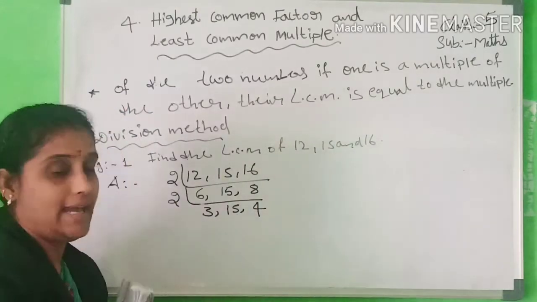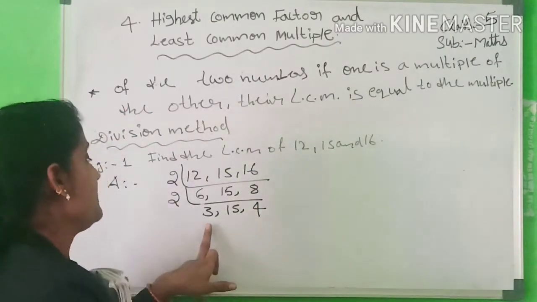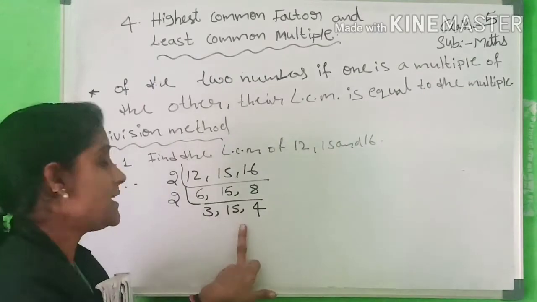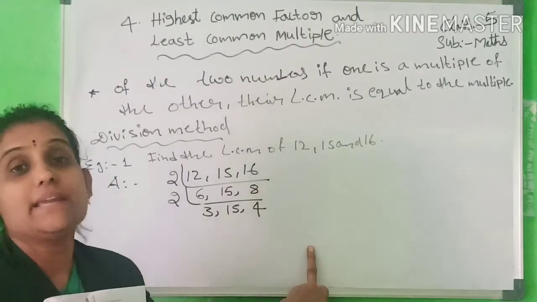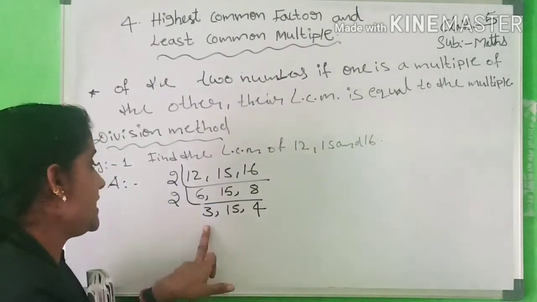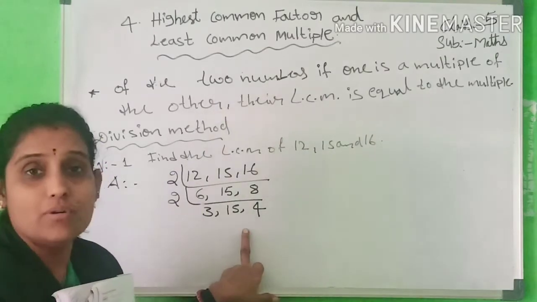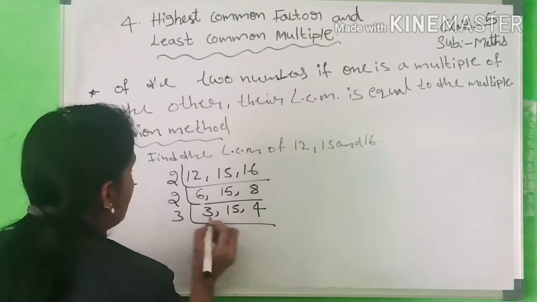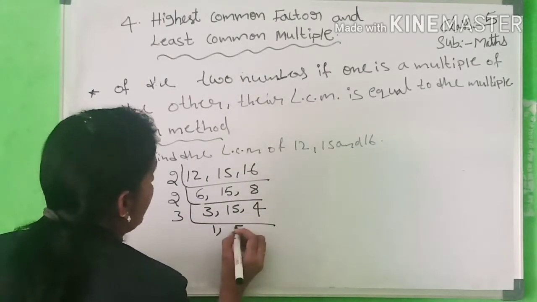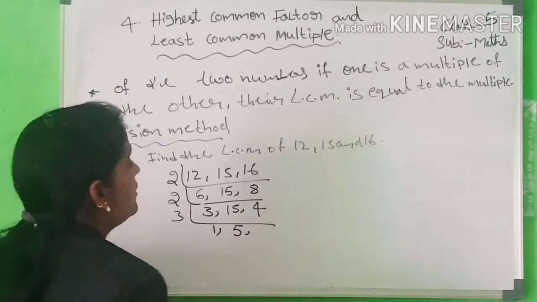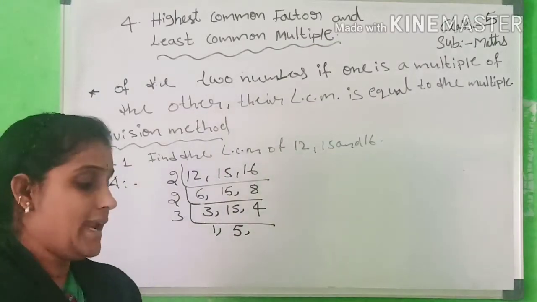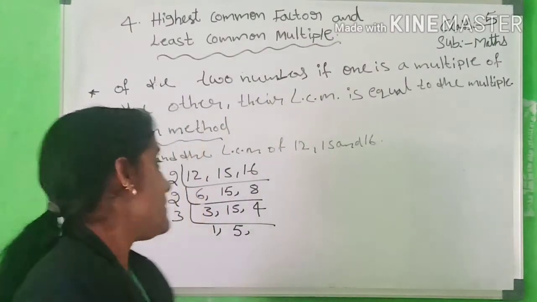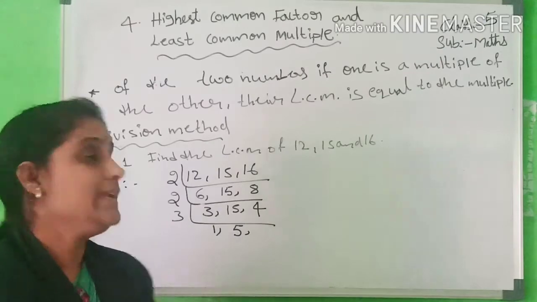Now here 3, 15, 4 do not have any common factor. But 3 and 15 have 3 as a common factor. Okay, children. 3 1s are 3, 3 5s are 15. But 4 cannot be divided by 3, so take it down.